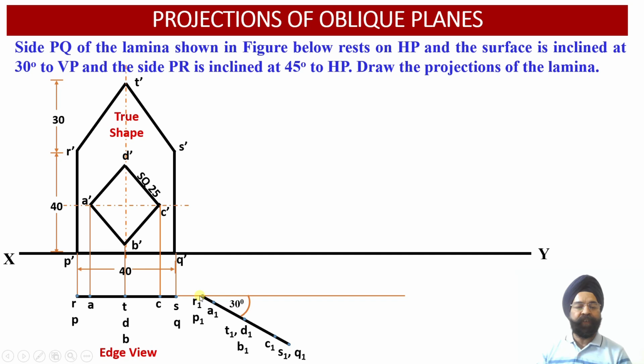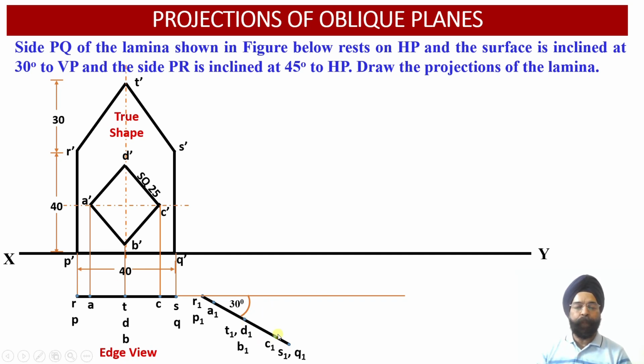So the distance between R1, P1 and A1 will be the same as the distance between RP and A. Similarly, the distance between RP and the T, D and B points will be this distance. So this distance we are going to mark over here, and the same distance has to be obtained into the top view projections of this particular lamina which is inclined at an angle of 30 degrees with respect to VP.